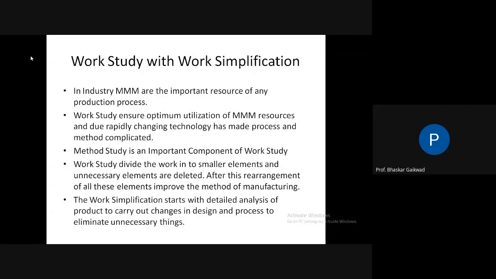So you have to study each and every element of the work, and whatever the process is, we have to make the rearrangement in such a way that unnecessary elements, unnecessary motion, unnecessary time, and unnecessary transportation are reduced, so that there is scope for changing the present method of manufacturing.